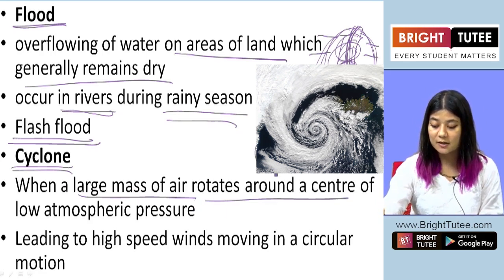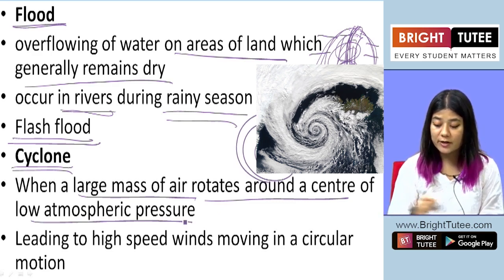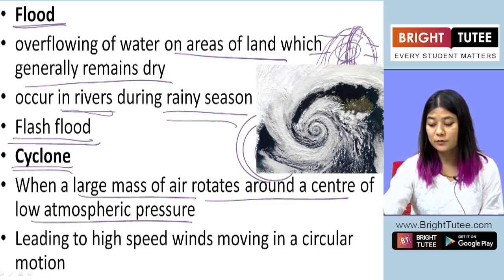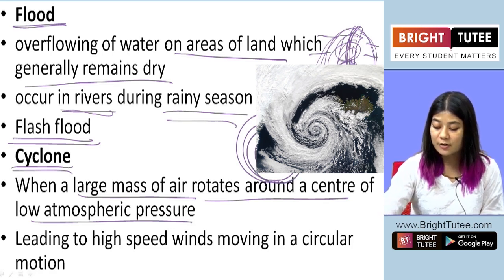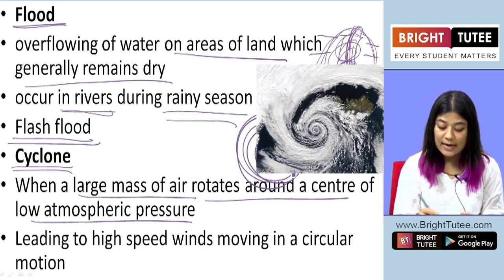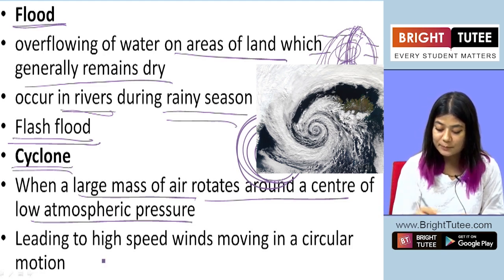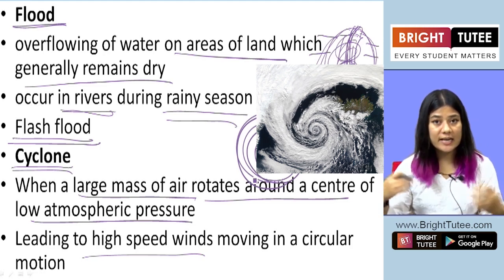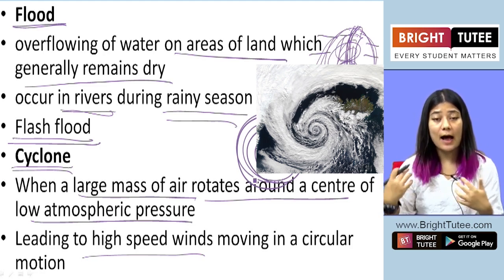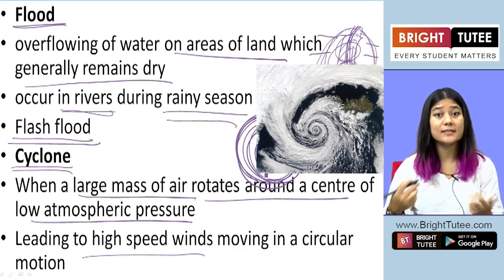So if this is a center, and here the large mass of air begins to rotate, as it rotates, it begins to pick up its pace and it rotates at high speed. Then it creates a wind with extremely high speed, moving in a circular motion. So this is basically a cyclone.